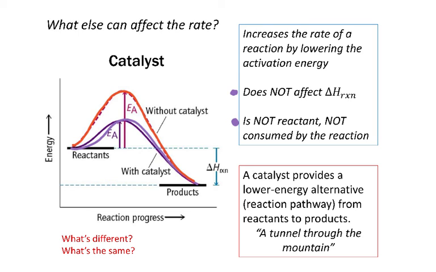They are like an extra thing that can be around the reaction. It provides a lower energy alternative from reactants to products, a different reaction pathway. If the activation energy is like a hill or a mountain, the catalyst provides a tunnel through the mountain.